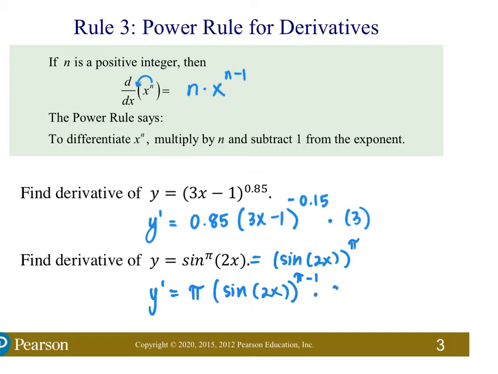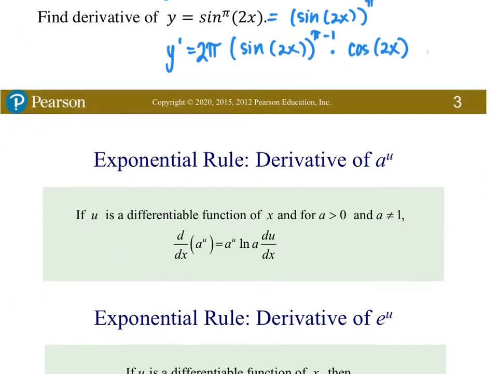The chain rule requires us to multiply by the cosine of the quantity 2x, and the chain rule again requires us to multiply by 2. So probably eventually you would end up getting rid of the 2 at the end, and having the 2 out in the front. So it's 2 pi, and then the quantity sine of 2x to the power pi minus 1 times the cosine of 2x. So that is a review of the power rule.